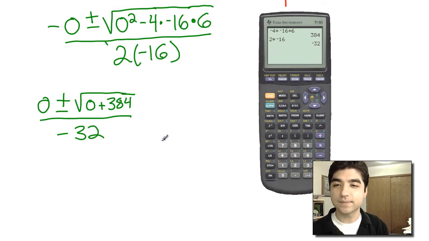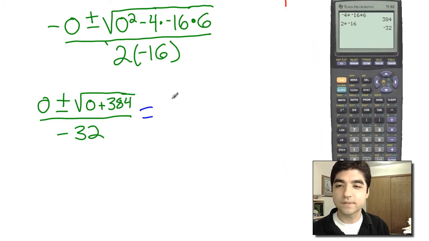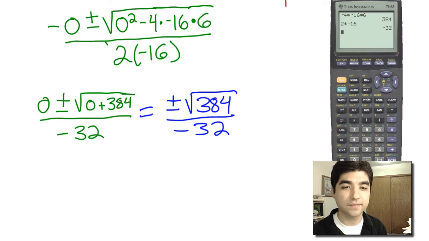So let's clean this up a little bit. Let's just get rid of the 0s. So let's just do plus or minus the square root of 384. So we don't need these zeros anymore. And then that's all over negative 32. Now let's approximate the square root of 384.